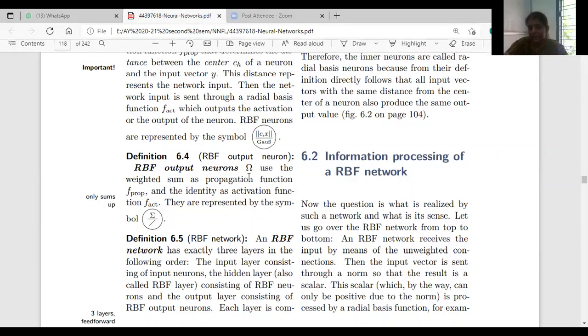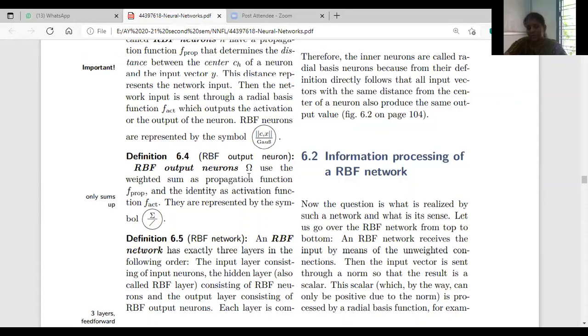In the output layer we are using weighted sum as the propagation function and identity as the activation function, so they are represented by a circle with sum and backslash.